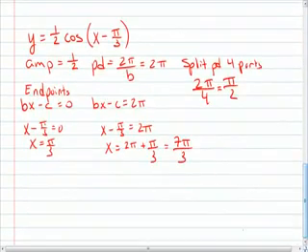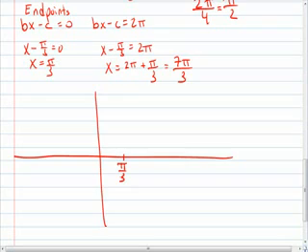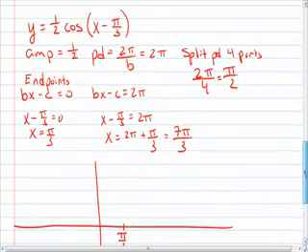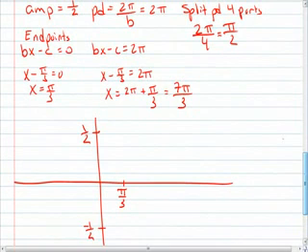So we're going to do the same thing here, but instead of 0, we're going to start at pi over 3. And our amplitude was 1/2 and our split is pi over 2. So we're going to take pi over 3 and we're going to add pi over 2 to that.